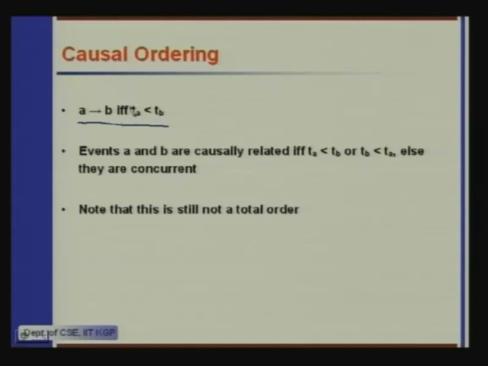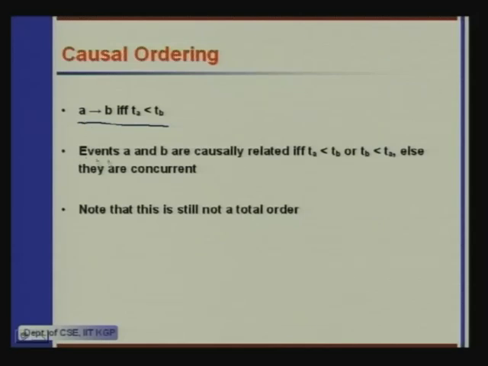We did not have if and only if previously. We only had that if A happened before B, then Ta is less than Tb, but now the other direction is also true: if Ta is less than Tb, then A happened before B.